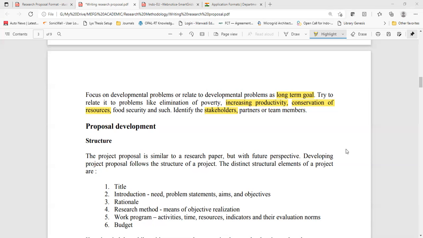Stakeholders are those people who have a right to have a say. For example, let me tell you, alumni. When you pass out from this university, you still are an alumni of this university. And in future, we will also ask you for your suggestions. Okay?